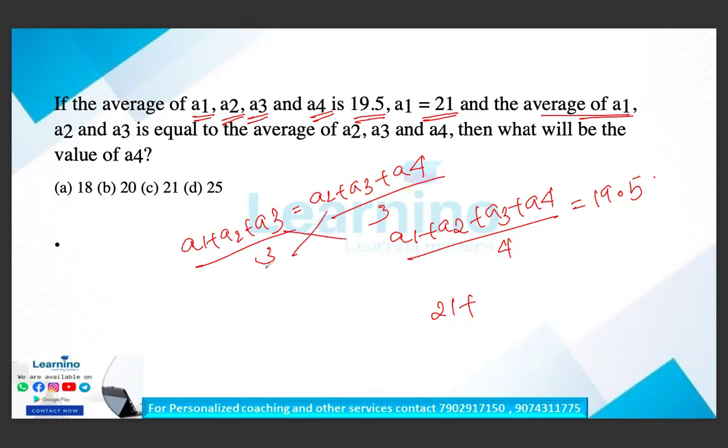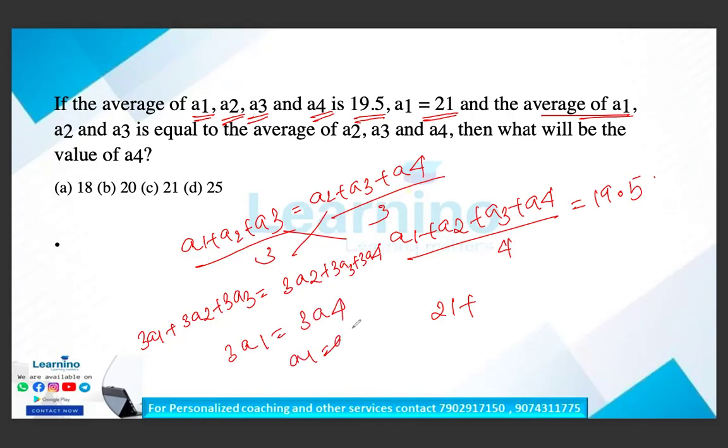So cross multiplying, 3A1 plus 3A2 plus 3A3 equal to 3A2 plus 3A3 plus 3A4. So 3A1 equal to 3A4, A1 equal to A4. Here A1 is 21, so A4 also we will get 21. Option C will be the answer.